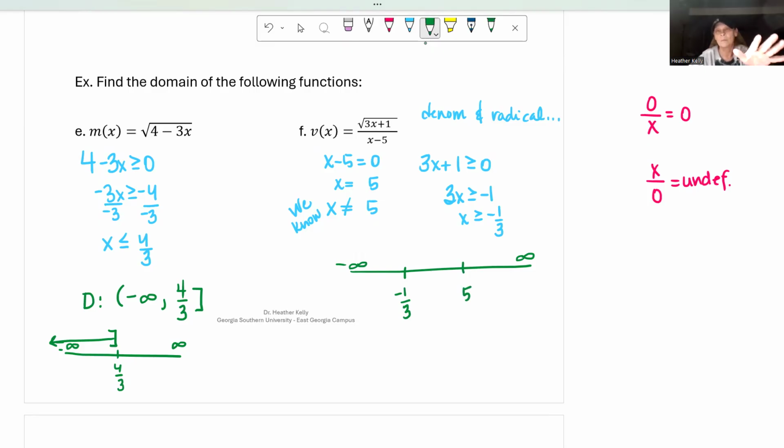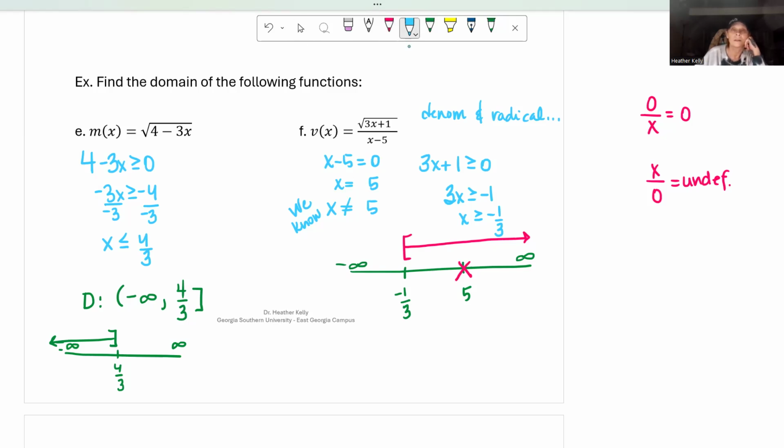Okay. Be sure to put your numbers on the number line in the correct order, right? And I'm going to graph x is greater than or equal to -1/3 first. Okay, so x is greater than or equal to -1/3 looks like this. And x cannot equal 5.